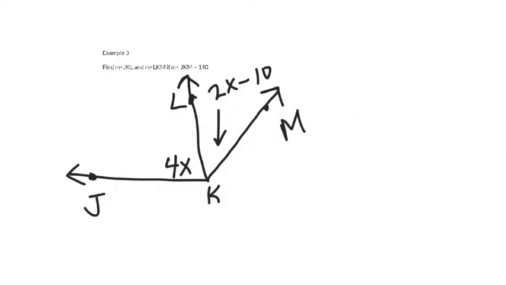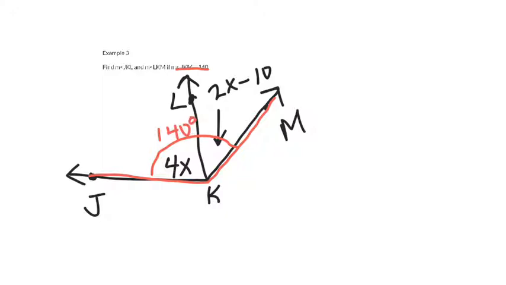Alright, example 3. Find the measure of angle JKL and the measure of angle LKM if the measure of angle JKM is 140. So we know that JKM, this entire thing, is 140.